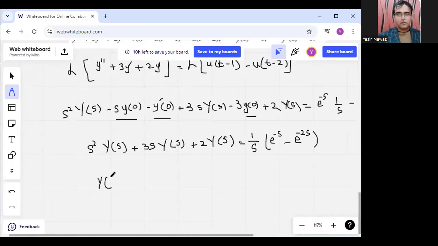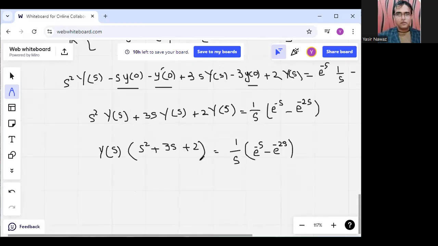Because Y of s is present in each term, I write Y of s outside, and inside there would be s squared plus 3s plus 2, equal to 1 over s times e to the power minus s minus e to the power minus 2s.